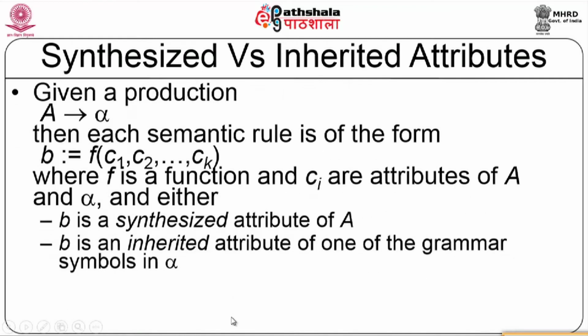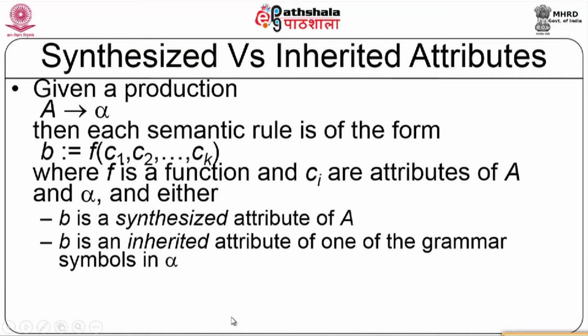Okay. Now, attributes can be classified into two kinds. One is the synthesized attribute, the other one is called the inherited attribute. I will assign attributes to all my non-terminals and terminals, and depending upon the attribute, I will perform my subsequent action of the semantic phase later.